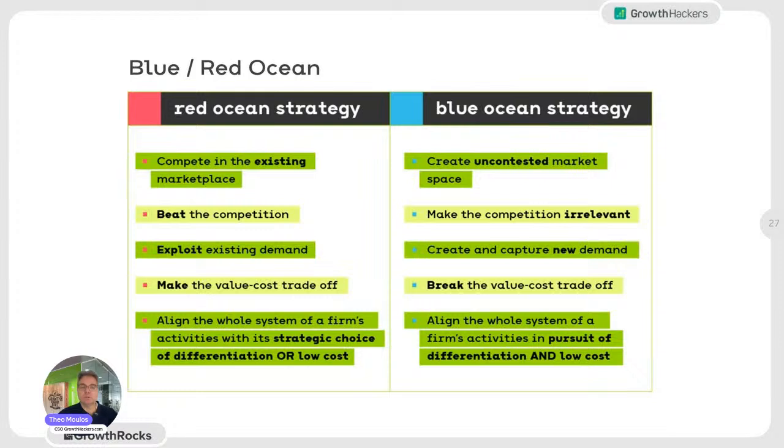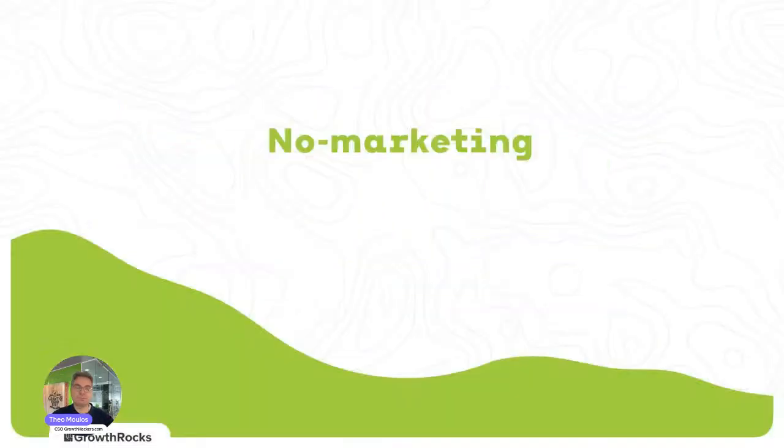That's the beauty of that, right? So that's why we managed at Growth Hackers to rank that high and have such a big community for the last 15 years, because that's exactly the strategy that we were having.